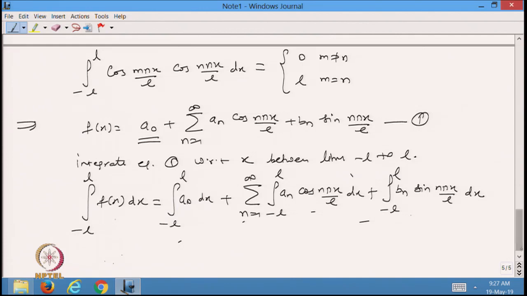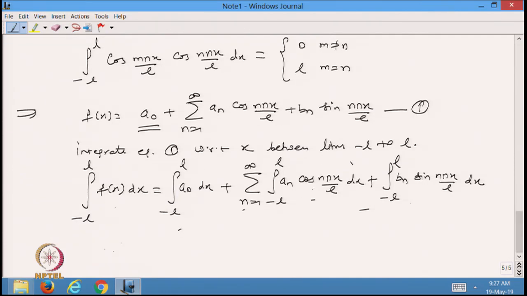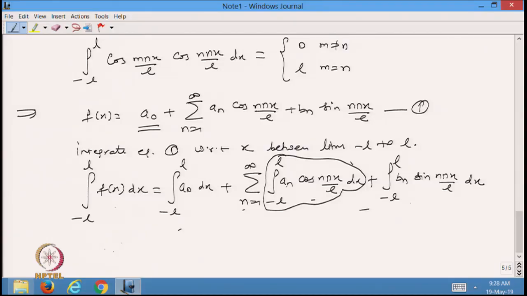Now, if you see this integration, cos n pi x by L, I am integrating from minus L to L, and this function has period 2L. a n is a constant, so the integration of cos will be sine, and after putting the limits, I put the value of L. So, L will cancel out, and I will get only n pi.